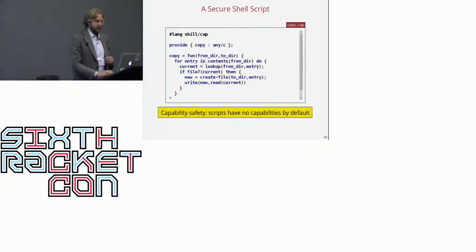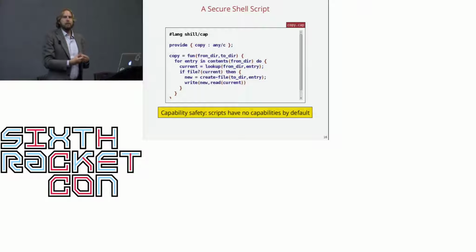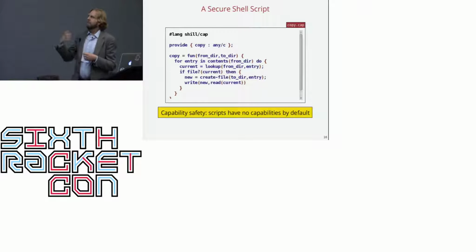So this, on its surface, doesn't really seem to address security in any interesting way. But the key thing is that the way we've structured this language means that this script, this copy function, has no capabilities by default. There's nothing I can write in the body of this function that will just take a string for my password file and return a capability that would let me read from it.